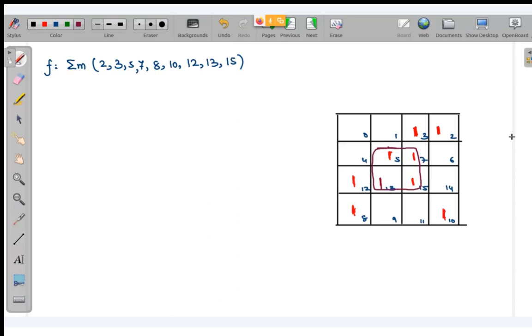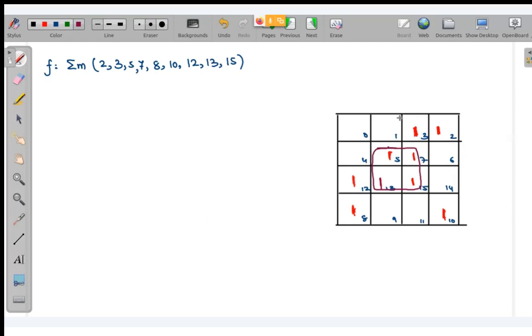Now, what other ones have only one possible option for grouping? Tell me which one. Which other options do you think?